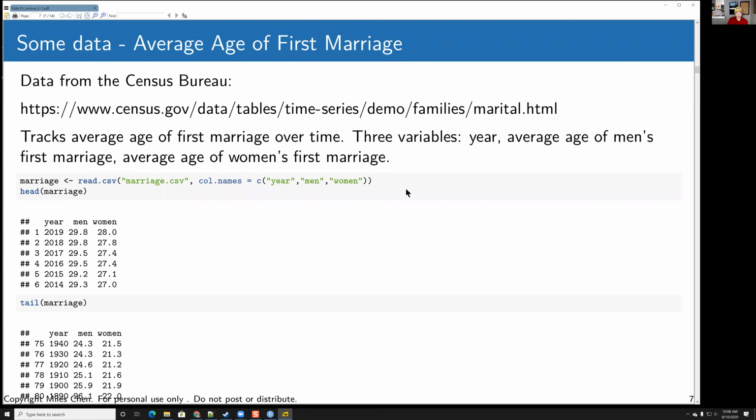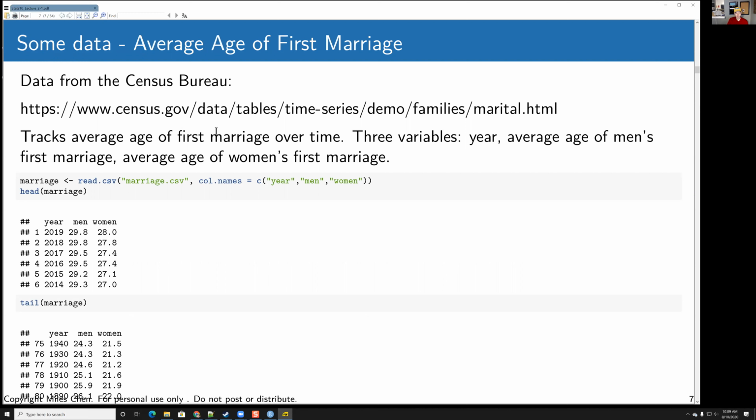All right, so here I'm going to do a simple example. We are going to look at some census data. Okay, so you can get a lot of good data gathered by our government.